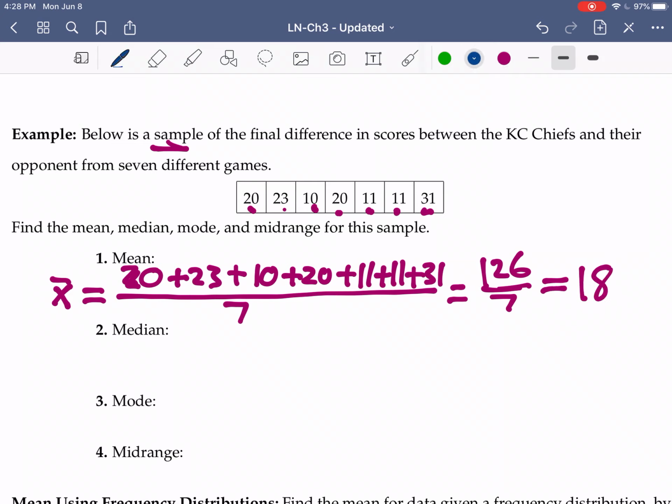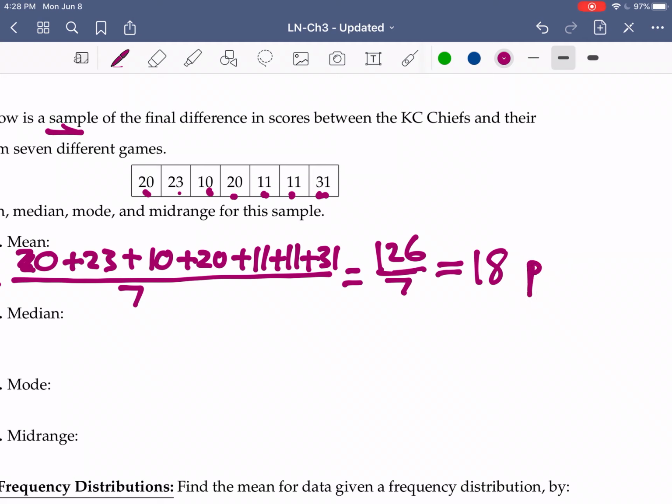So that's our mean. And the units on that would be the units up there, which will be points.